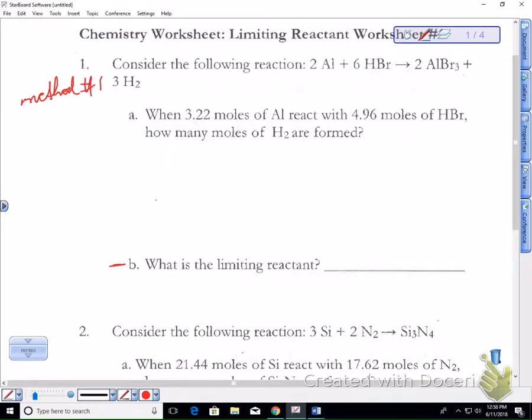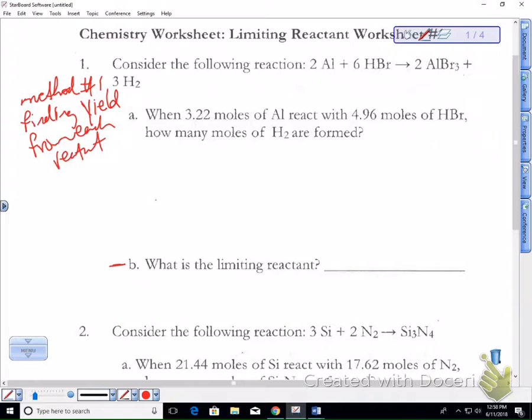Method one is finding yield from each reactant. So we're going to find out the amount of hydrogen that we could make from each of the reactants.